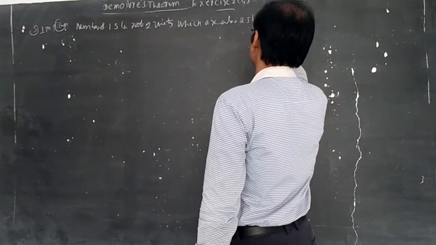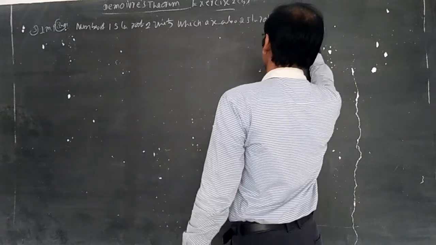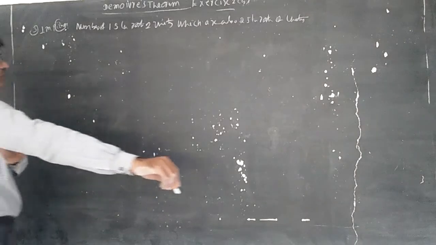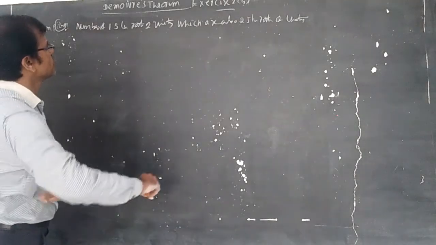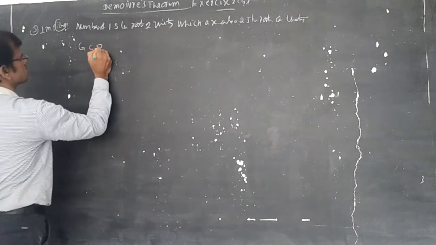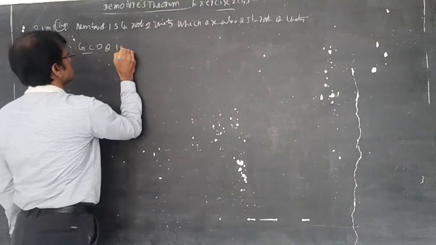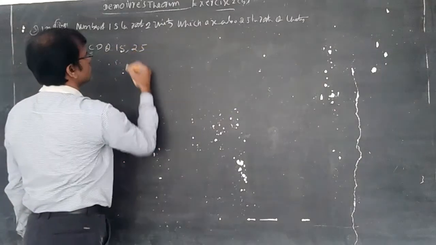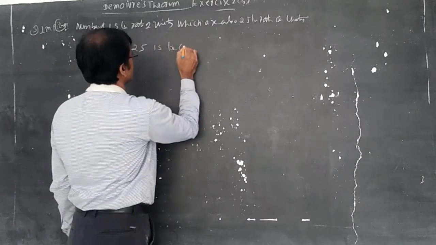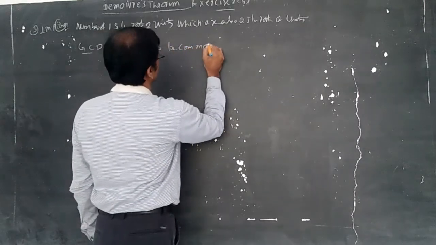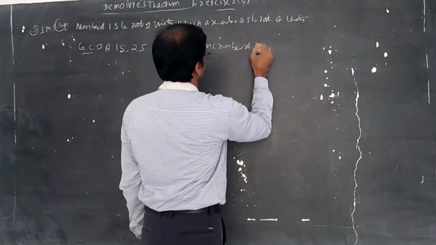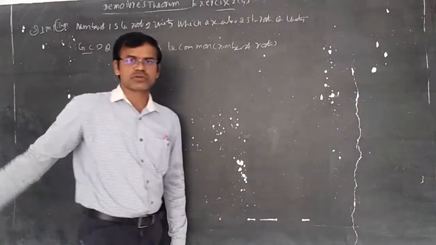So for the 15th roots of unity, this is a shortcut: the GCD of 15 and 25 gives the number of common roots of unity.